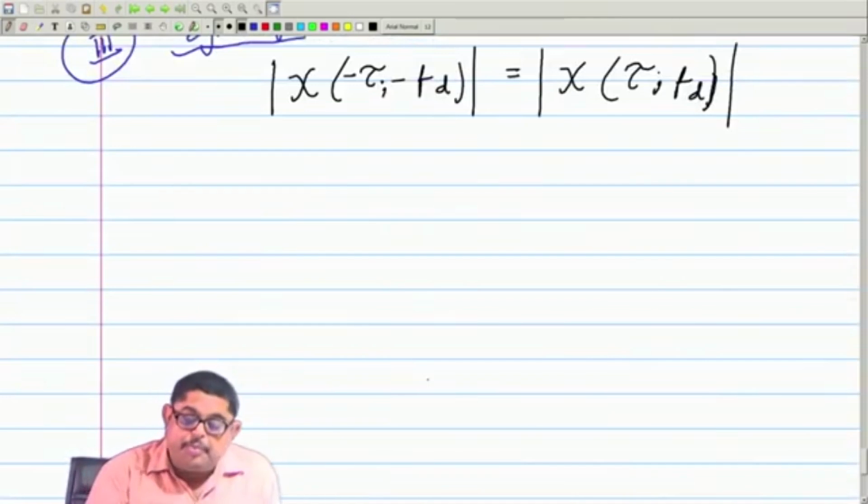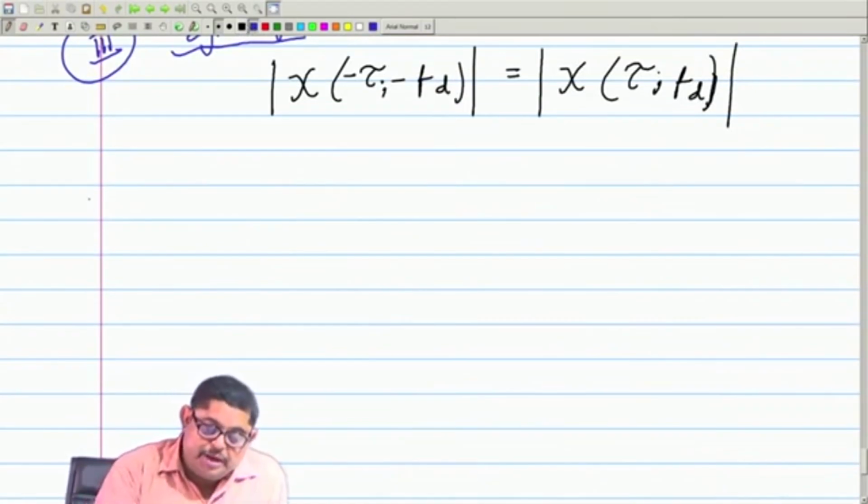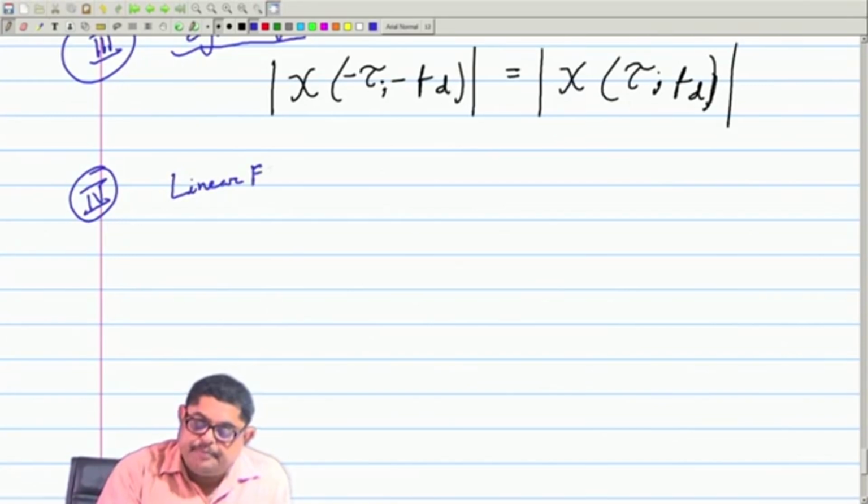And the fourth property is very important, very relevant for us, and it is called the LFM property or linear FM property.